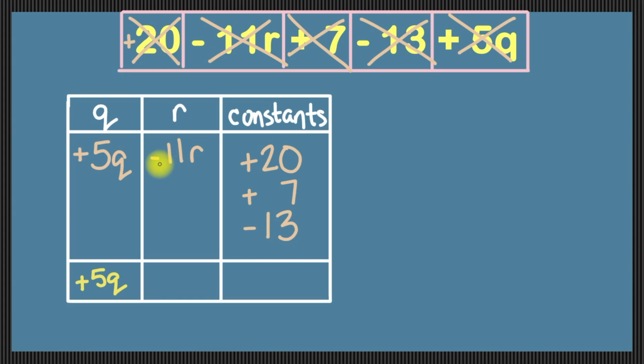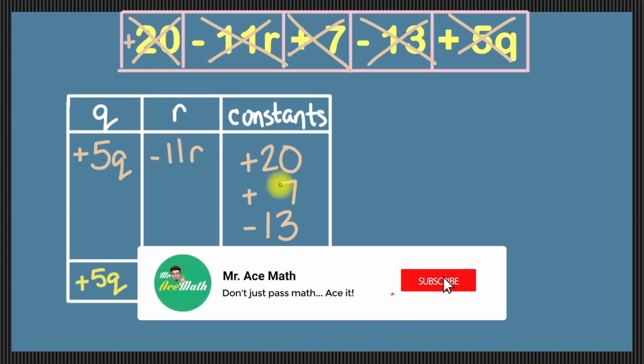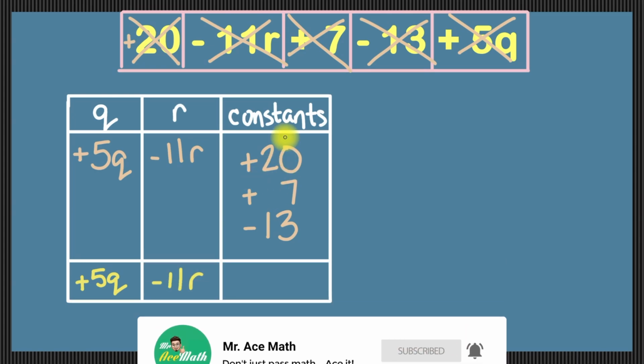There's nothing to combine negative 11R with, so we'll just bring that down as well. Negative 11R. And in our constants column, we have 3 terms we can combine. We've got positive 20 and positive 7. When we combine that, that gives us positive 27.